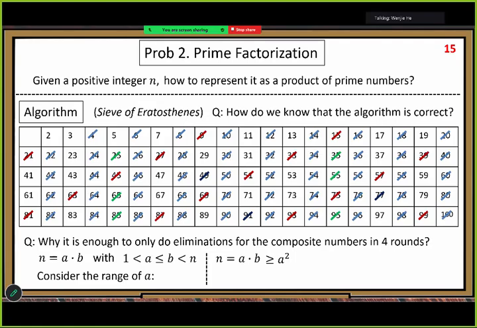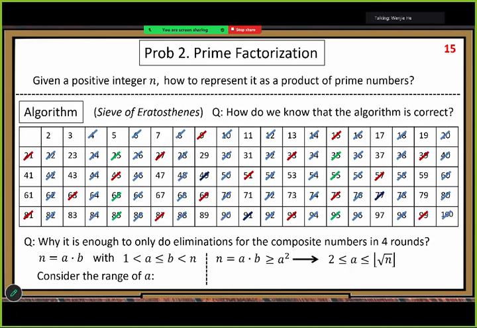That means A squared is less than or equal to N. That's an obvious inequality. That means the lower bound for A is still 2.